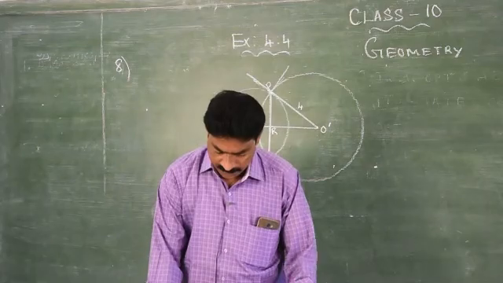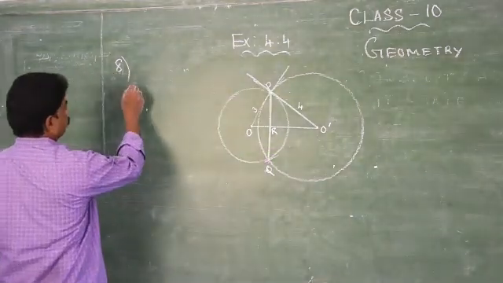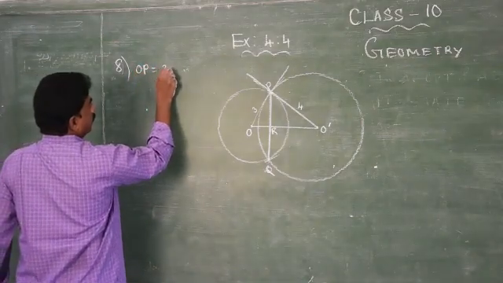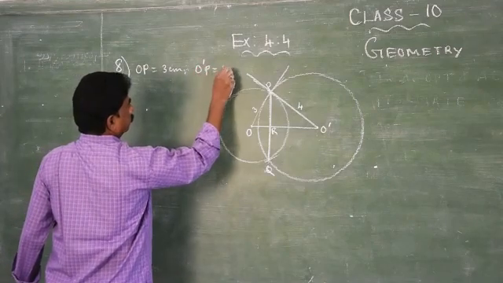Now, in triangle OPO dash, it is given OP is 3 and O dash P is 4.